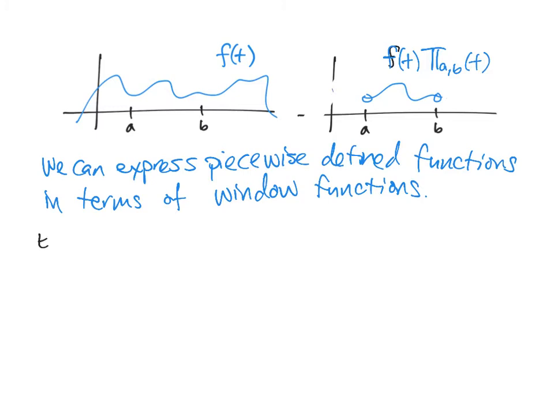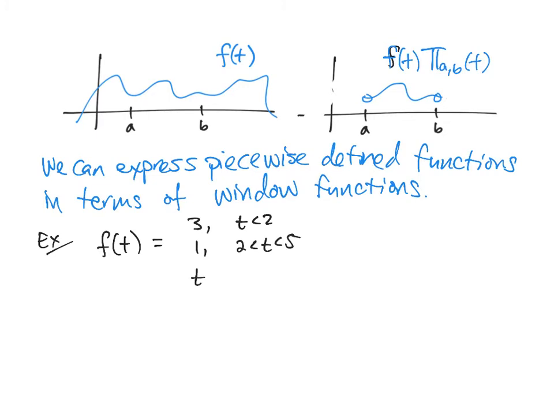So for example, let's say our function is f of t, and it's defined in a bunch of different ways. It's going to be 3 if t is less than 2, and it's going to be equal to 1 if t is between 2 and 5.